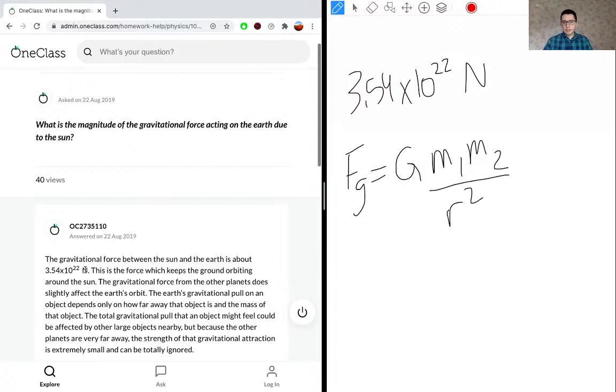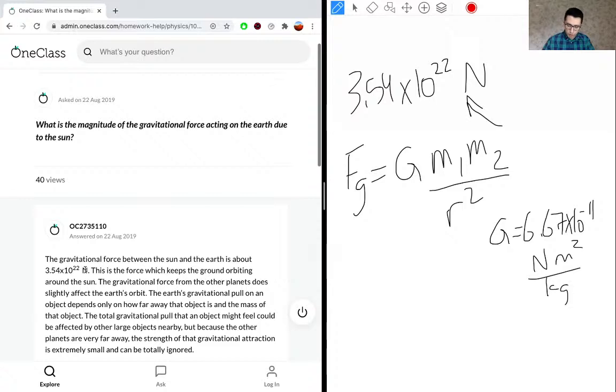If we find the mass of the Earth, the mass of the sun, we know the gravitational constant, and we find the distance in between them, we can calculate this number. I've already searched for these values. So G is equal to 6.67 times 10 to the negative 11, in Newton meters squared over kilogram squared.